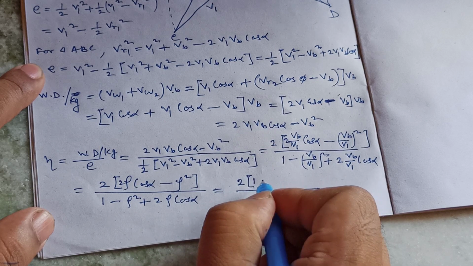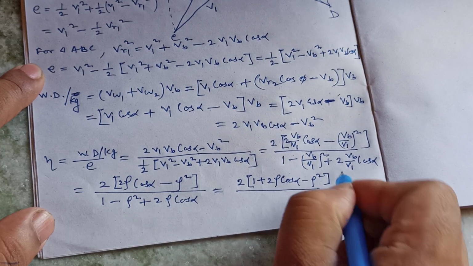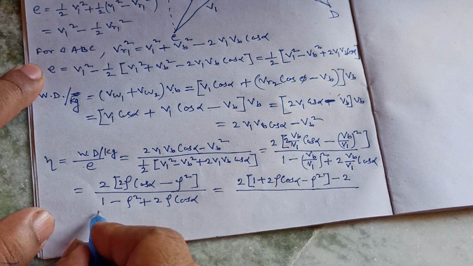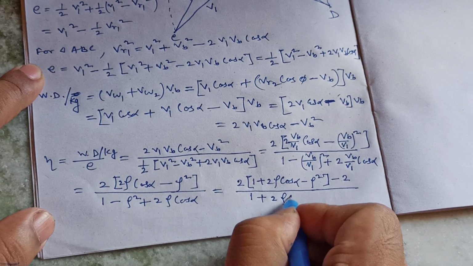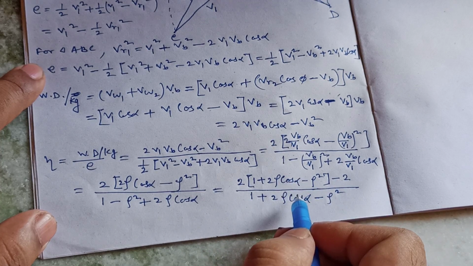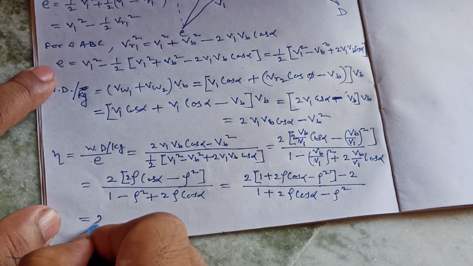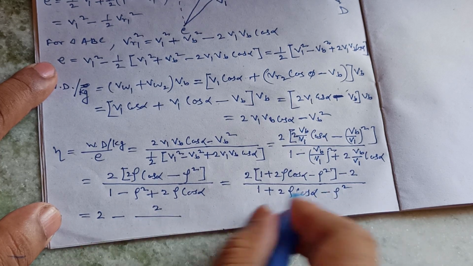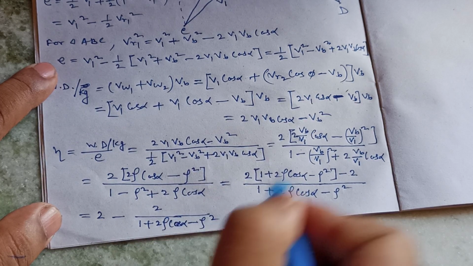I have taken this 1 plus 2 rho cos alpha minus rho square, so I put the 2 here again. Both sides have the same values, so only 2 remains, minus 2 over 1 plus 2 rho cos alpha minus rho square. Is it not?